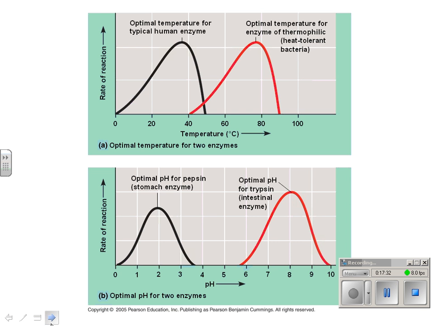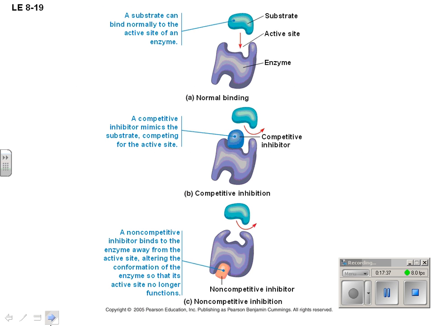When you heat an enzyme, if this is its active site, that enzyme gets all warped and twisted, and the active site is not the same. So it doesn't work. Does that make sense? Can you picture this? Okay.